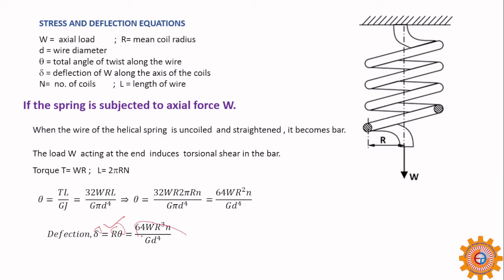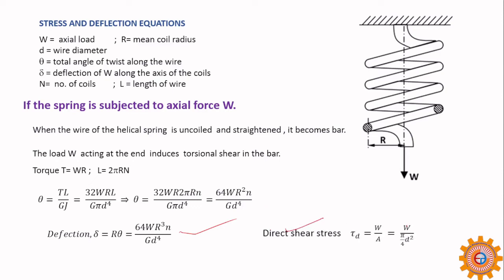This formula is very important. What is the angle of twist? This is the equation: 64 W R cube n by G d to the power of 4. This fourth power is only for d, and G is the modulus of rigidity. This is very important to solve the problems.